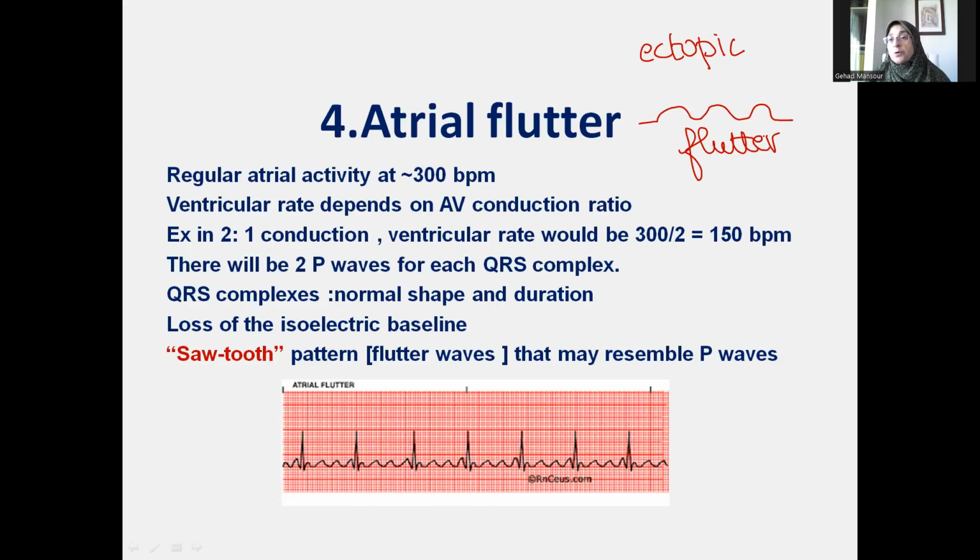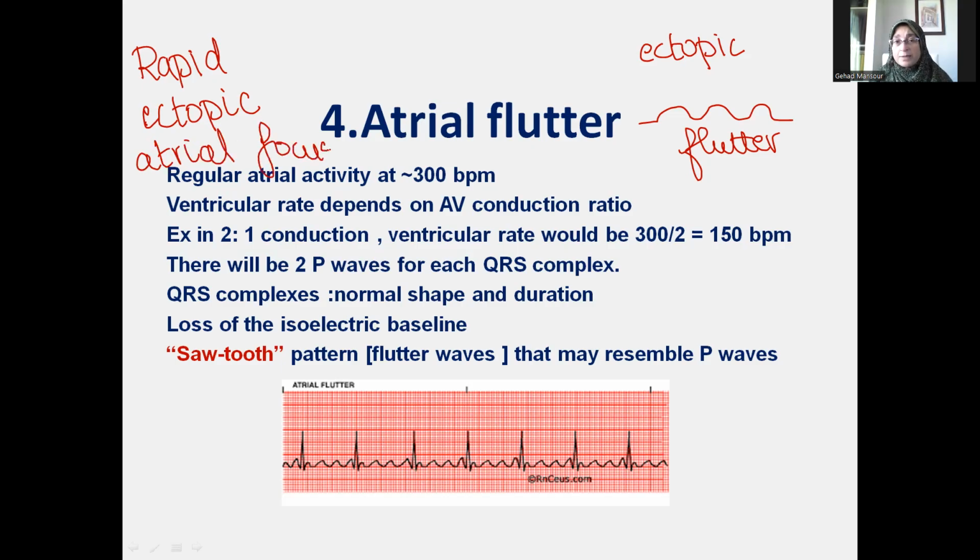It depends upon how much delay and block the AV node does, because in atrial flutter, you have a rapid ectopic atrial focus. And when I say ectopic, I mean abnormal. That rapid ectopic atrial focus is outside the AV node, outside the SA node.